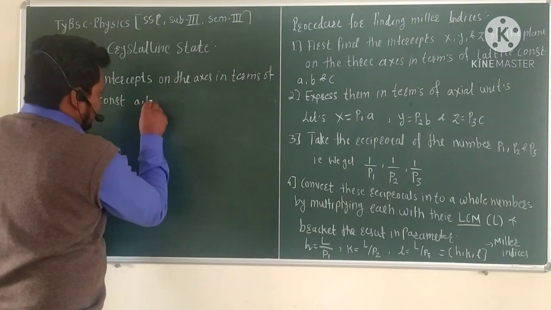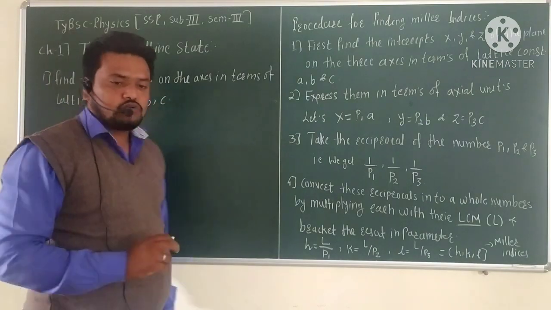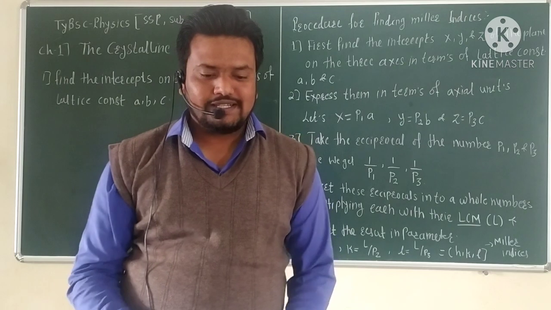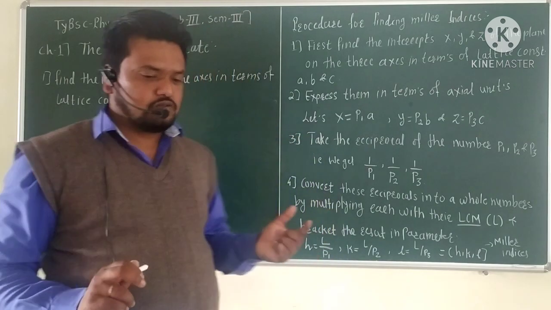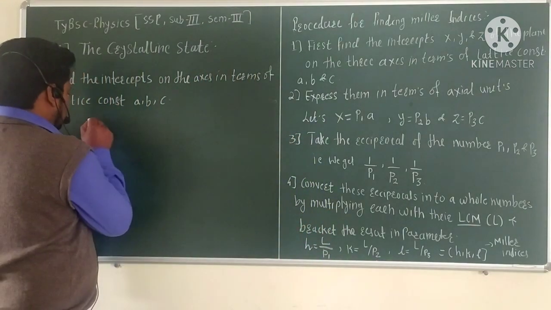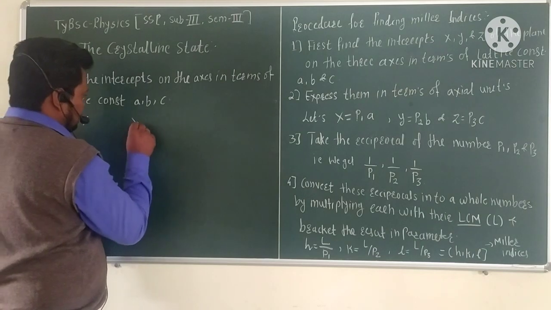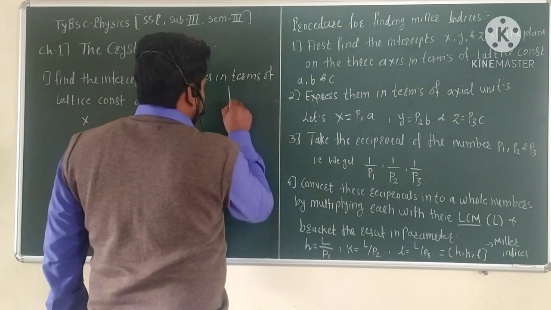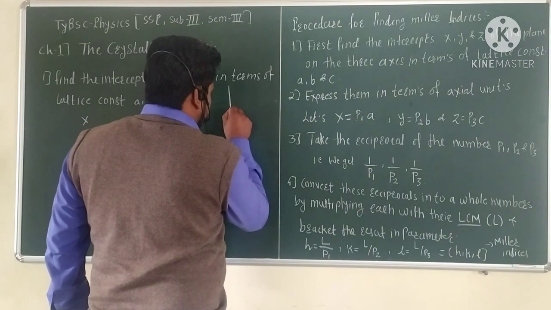Constant ABC. So you want to find the intercepts on the axes. For example, consider the axes x, y and z, and consider this figure.